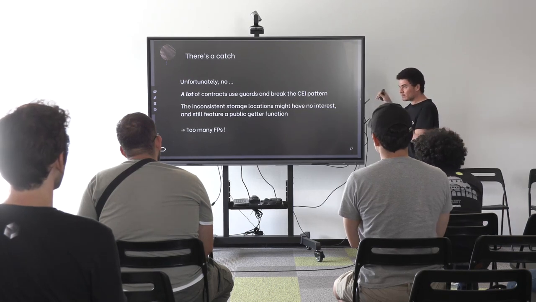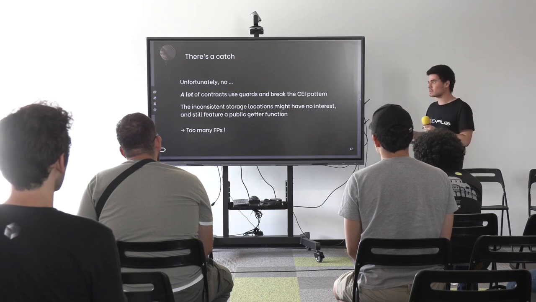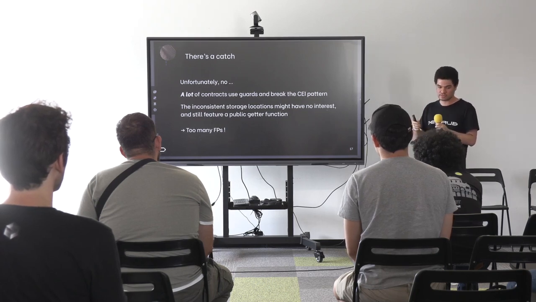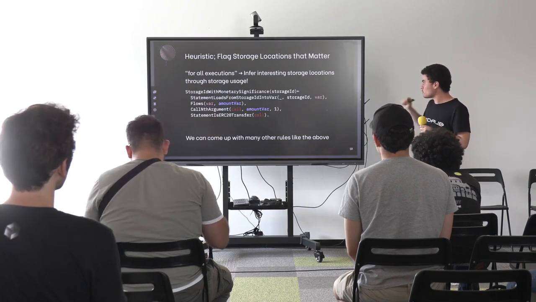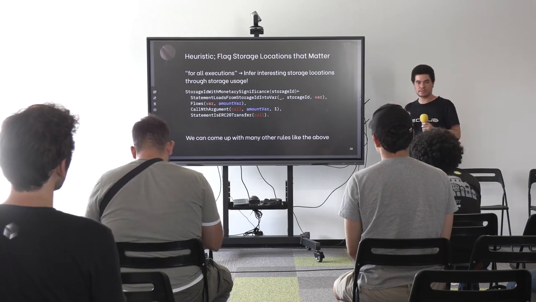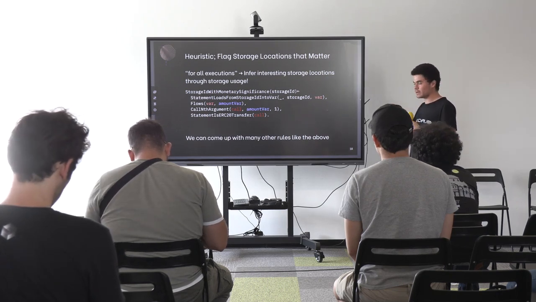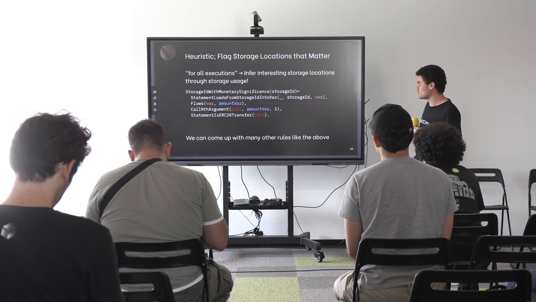So a naive analysis will flag many contracts, and this is not suitable for us since we're targeting a low false positive ratio. So what is the heuristic that we might use to try and filter out some false positives?